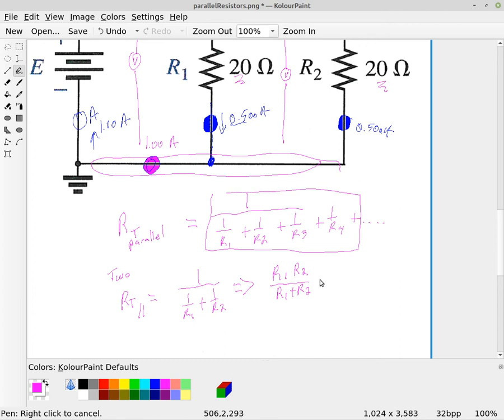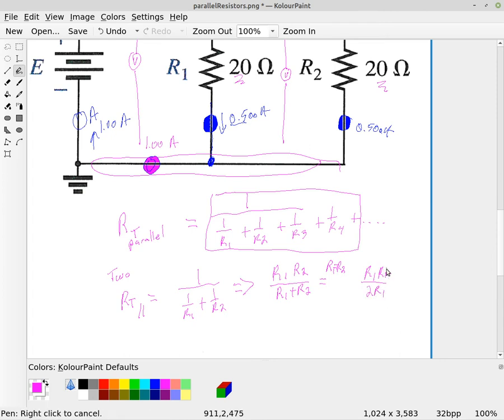Now if we look at this specialized one, and let's say that R1 is equal to R2, okay, so R1 and R2 were equal, then that would give us, say, R1 times R1 divided by 2R1.